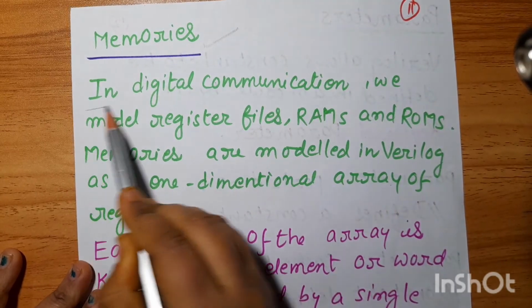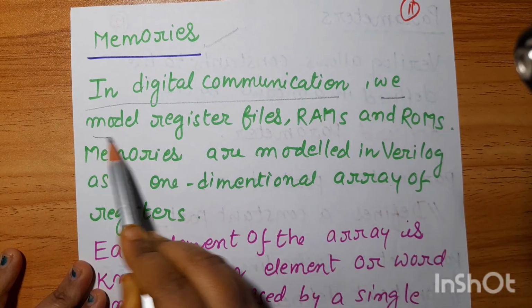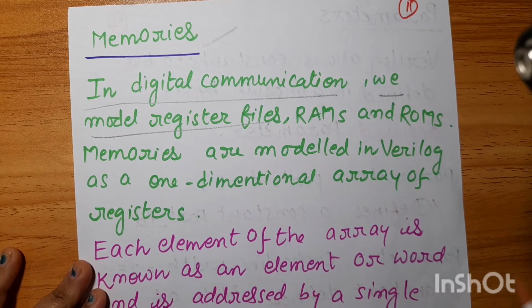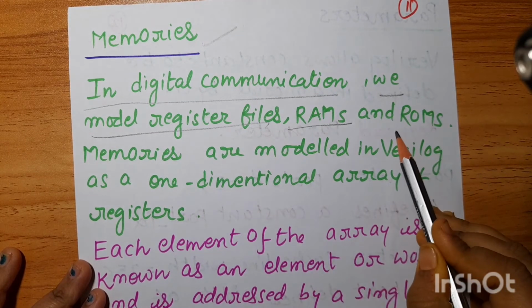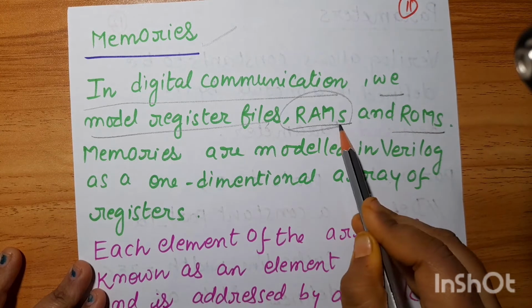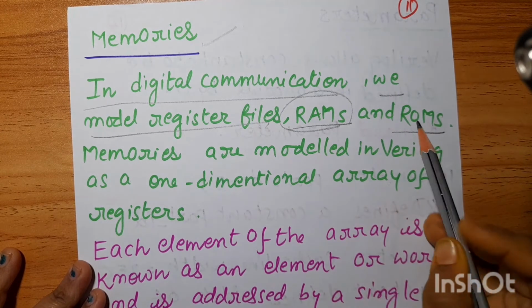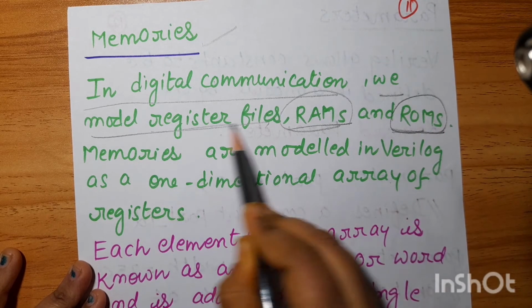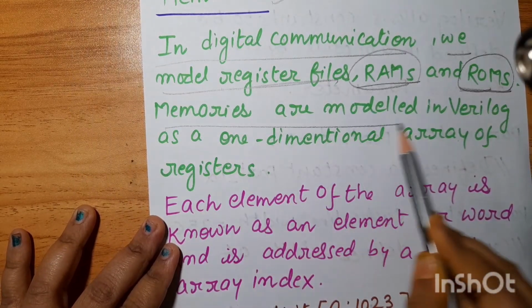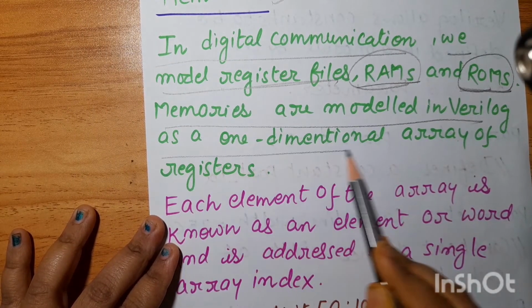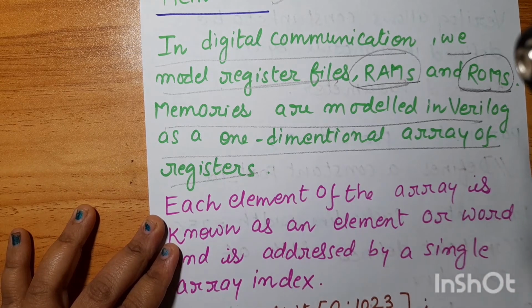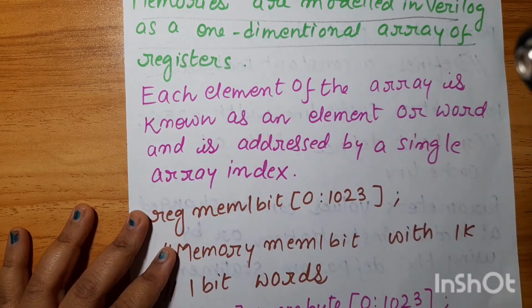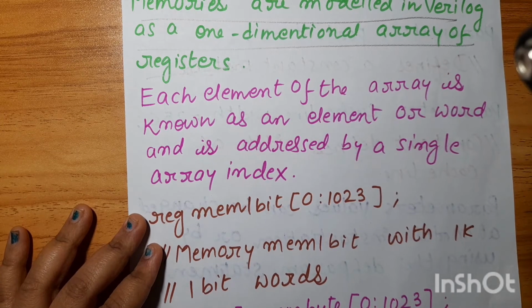Memories. In digital design, we model register files. We model RAMs, we model ROMs. We saw how to model RAMs in digital circuits. We saw how to model ROM also and register files. So memories are modeled in Verilog as a one-dimensional array of registers.